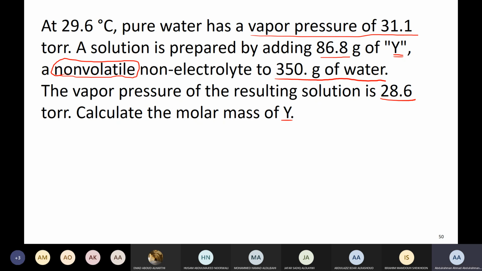So what do we have here? We have P0 of water at this temperature. What's the P0? 31.1. What's P? 28.6.